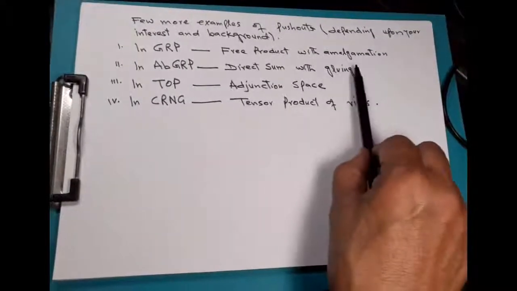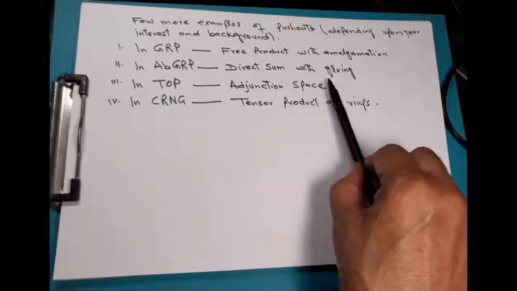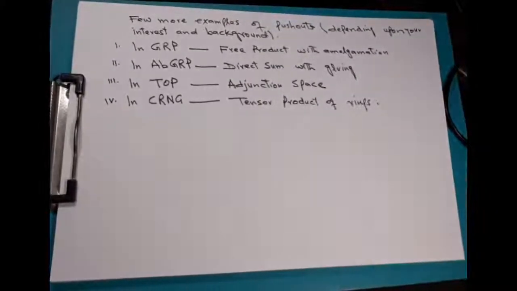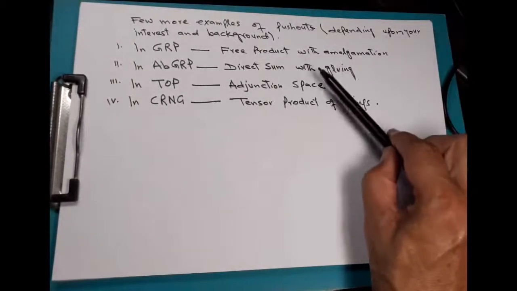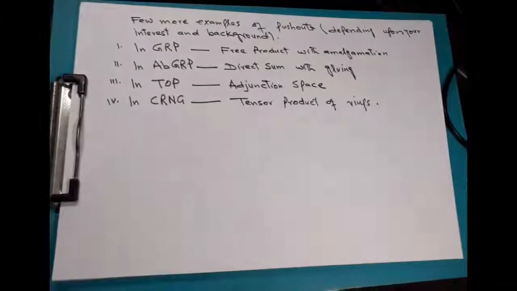You may be able to recall topological spaces as well, but it may be the case that you have not studied group theory or topology or ring theory so deeply. But even then, if you have some knowledge of these concepts, you can try on your own and understand these push outs very easily with a little bit of effort.